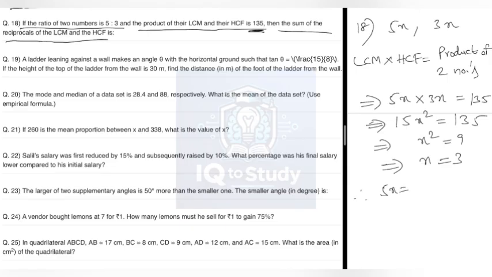Therefore 5x is equal to 15 and 3x is equal to 9. So the two numbers are 15 and 9.